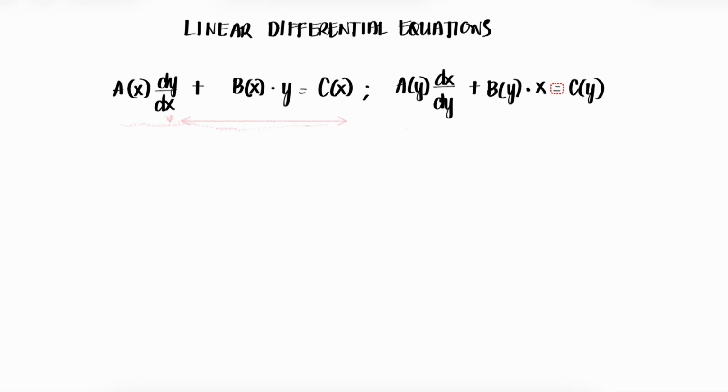On the right side, this is still a linear equation of order 1 with respect to y in the dependent variable x. So both equations right here are linear equations of order 1.